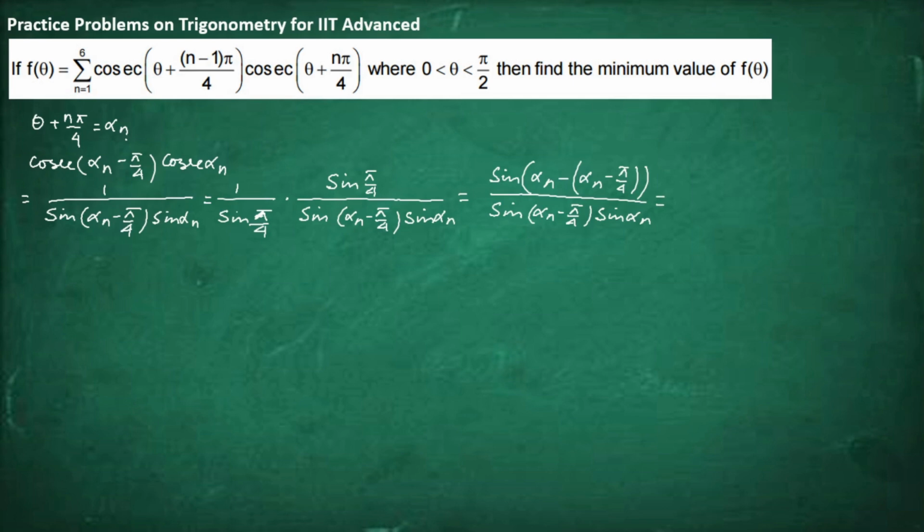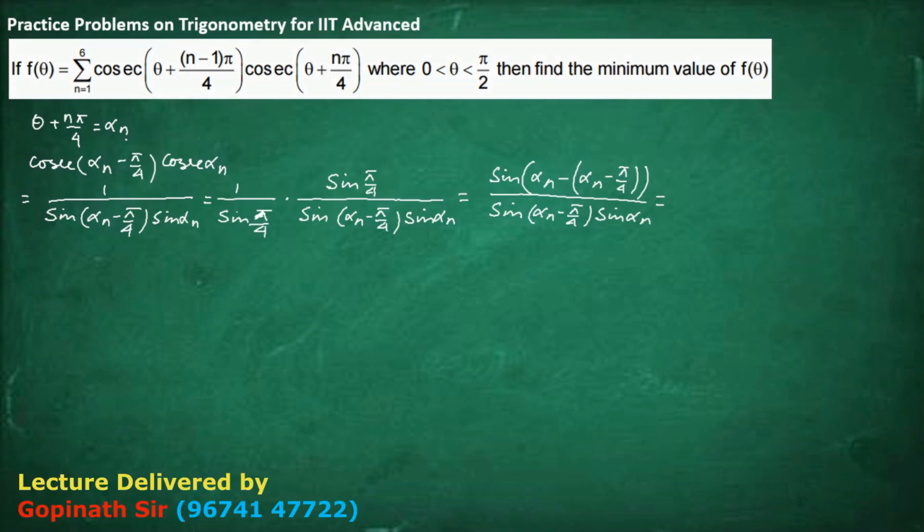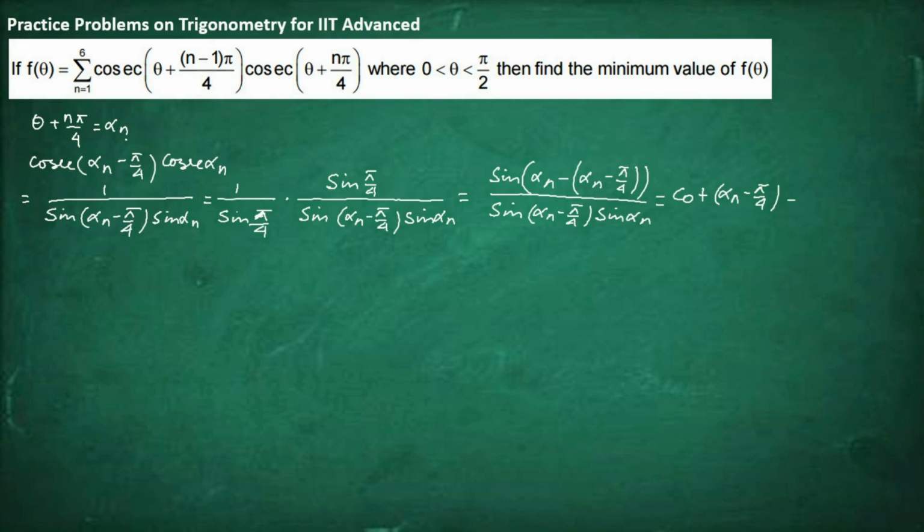So if we apply the formula, the first term will be sine a cos b. So sine alpha n cos(alpha n minus pi by 4), which will give you cot(alpha n minus pi by 4). Is it clear? Minus cos a sine b, that is cos alpha n sine(alpha n minus pi by 4). So that will give you cot alpha n. Is it clear to all of you?